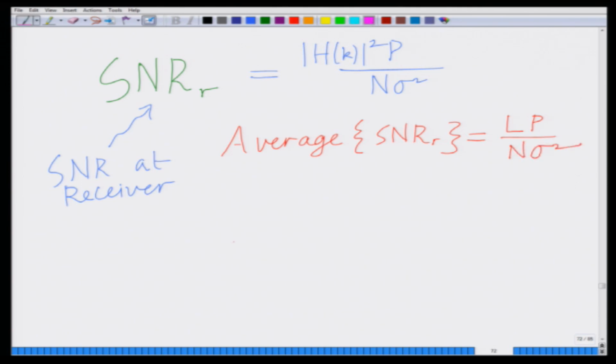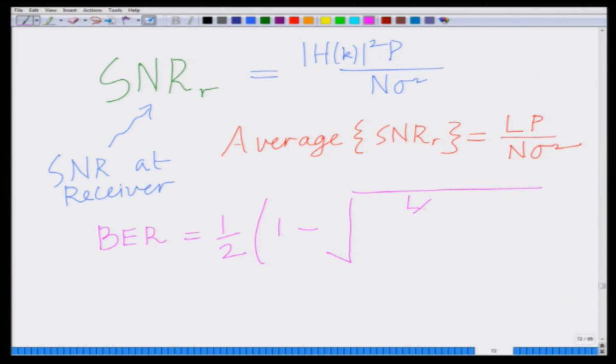Therefore, since the channel is Rayleigh fading, the bit error rate for BPSK transmission is half times 1 minus square root of the average received SNR divided by 2 plus the received SNR.